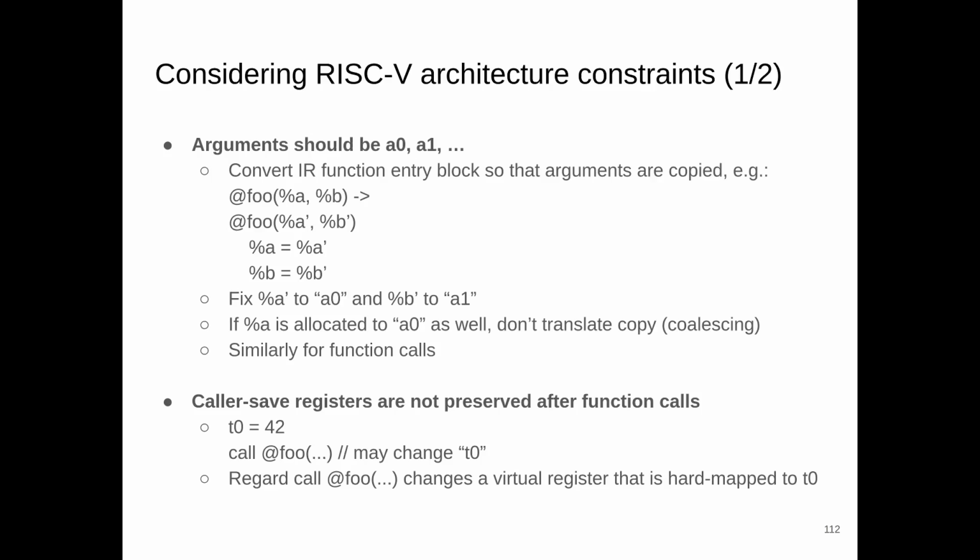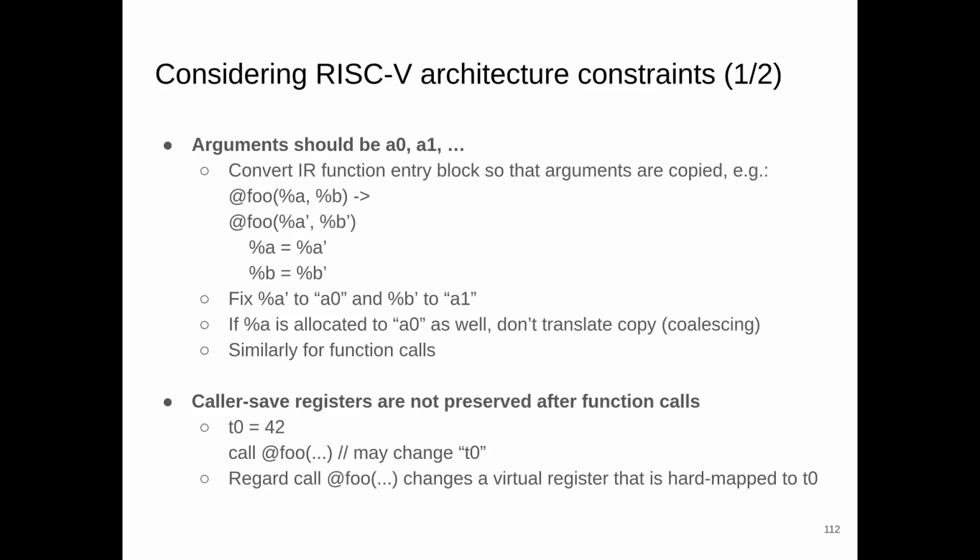Okay, so far so good. And you should do similar things for function calls as well. If you call this function foo, then you need to place the arguments inside A0, A1, A2, and so on, and you similarly do a copying, so that these argument registers are only defined just before a function call.